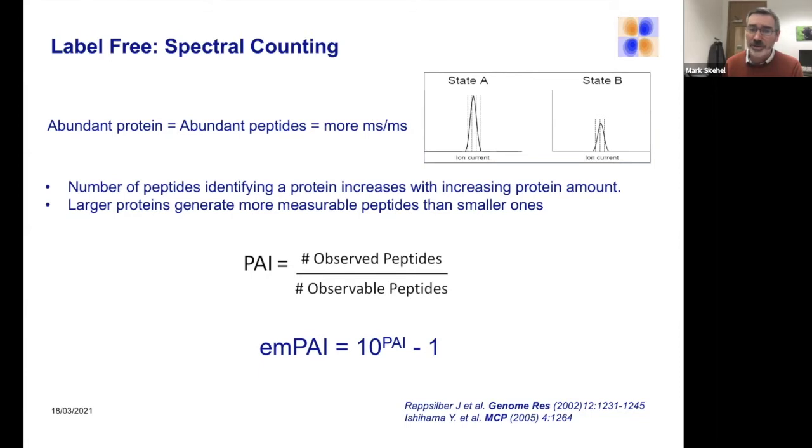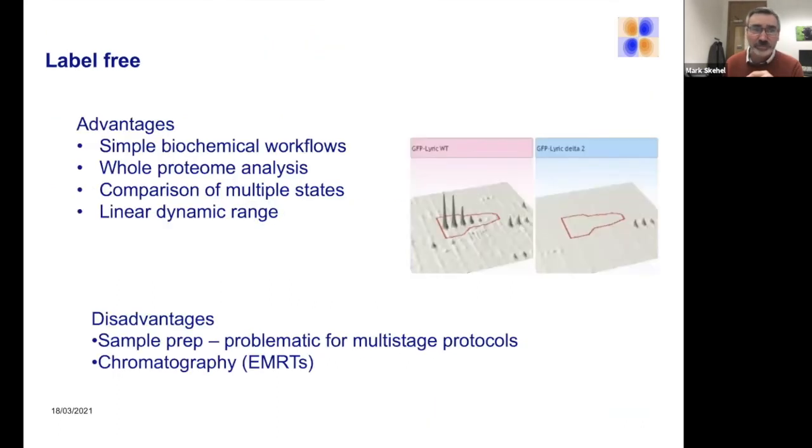So there's protein abundance index, and then there's this exponentially modified protein abundance index. Essentially it's spectral counting. So if you get more peptides, you've got more of that protein present. Be very careful. It is available to you, but I would encourage you not to use that.